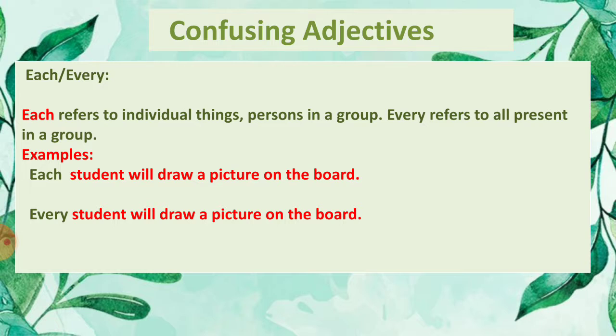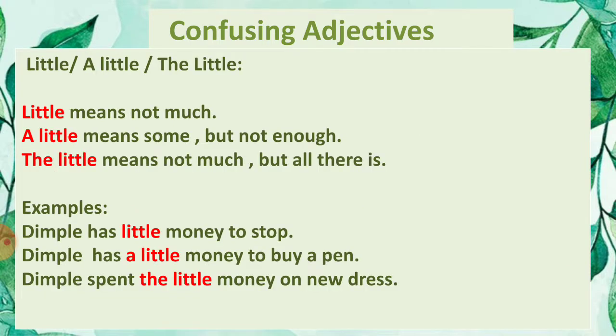Every refers to all present in a group, right? Each student will draw a picture on the board. Every student will draw a picture on the board, right? So this is the difference.